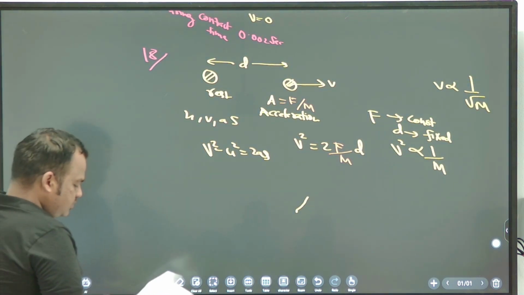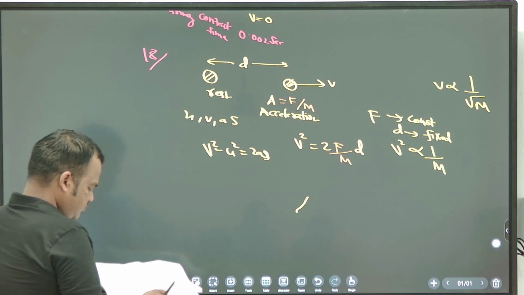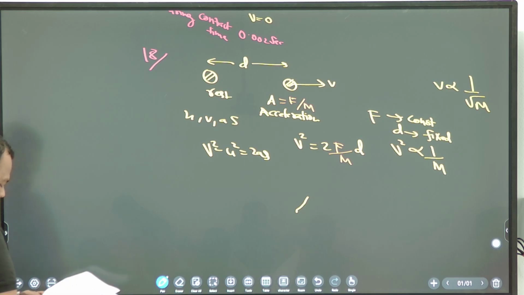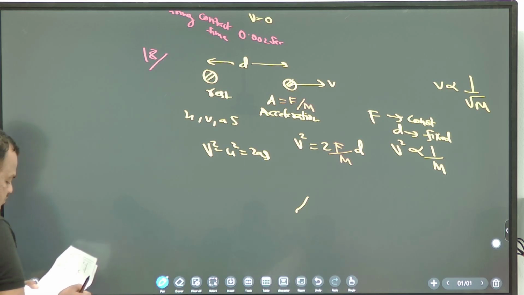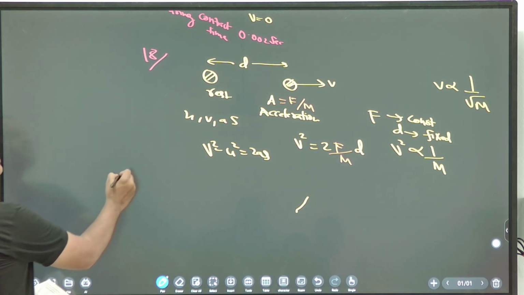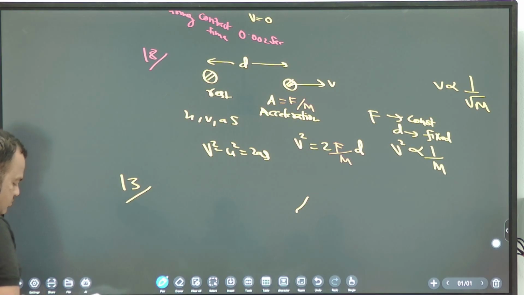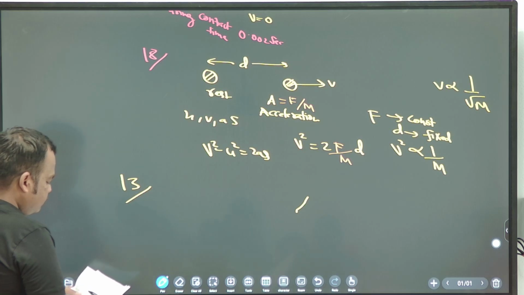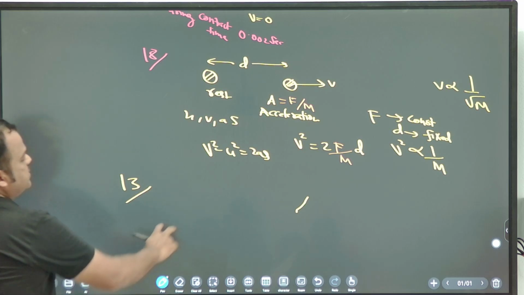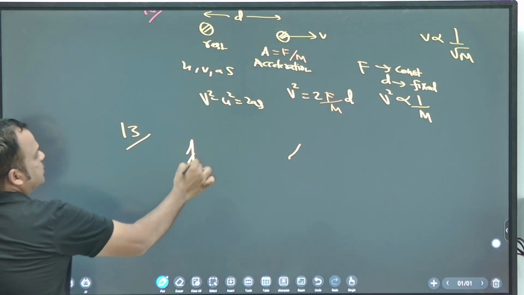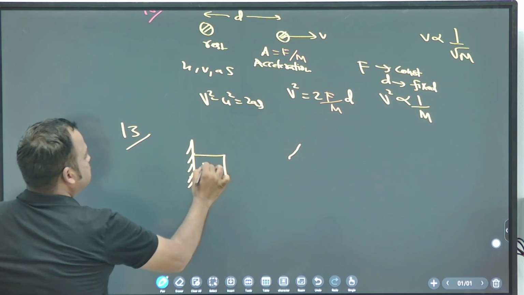Okay, any more? Which one? 13. Yesterday we discussed this. Suppose this is the wall, and this is the block.